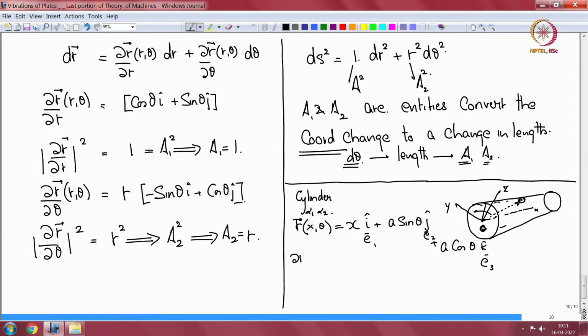So del R del x is equal to i. That implies del R del x dot del R del x is equal to 1, which is A1 square, which implies A1 is equal to 1.